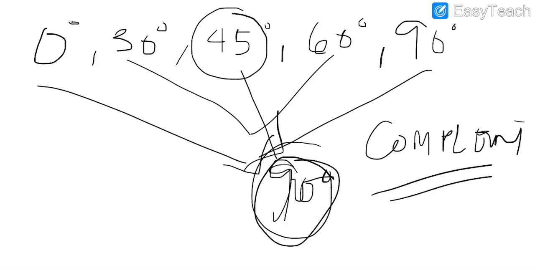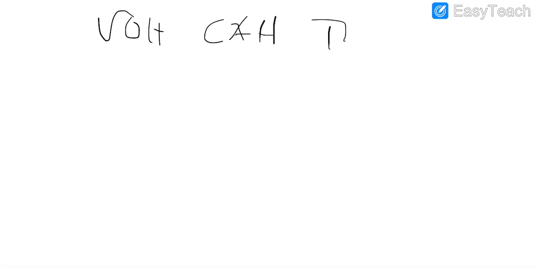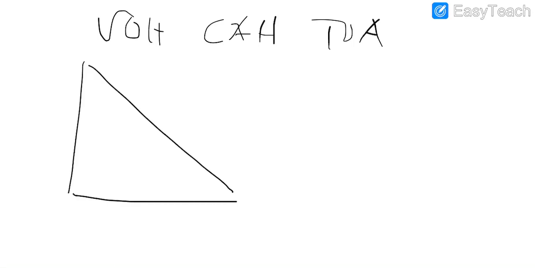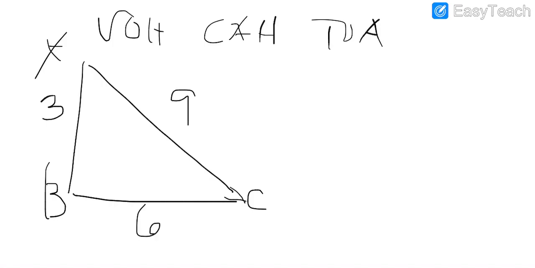Now let's review how to use SOH, CAH, TOA. Suppose I have here triangle ABC, and this is 3, this is 6, and this is 9.